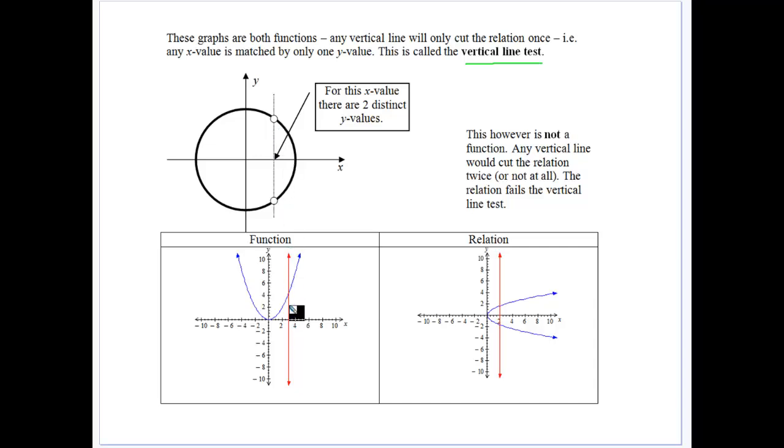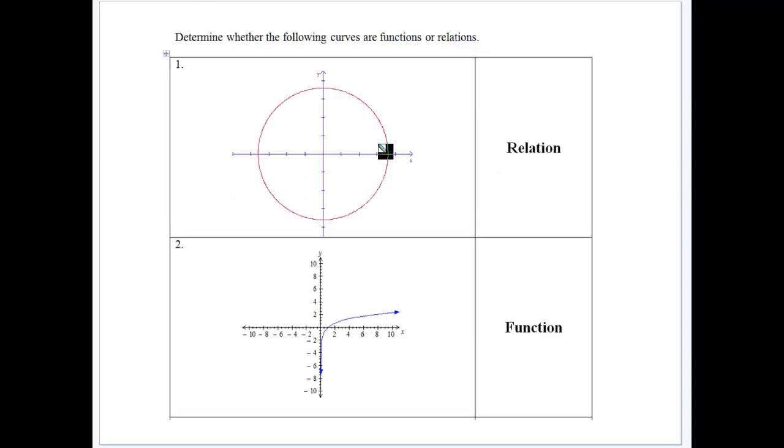Here's our function, because we can put a vertical line anywhere along that graph and it only touches it once. Here though, we get a line that touches it in 2 spots, which means it's not a function. We can only call it a relation. It's not that special one we call a function.